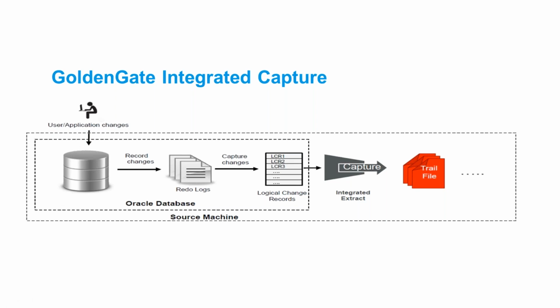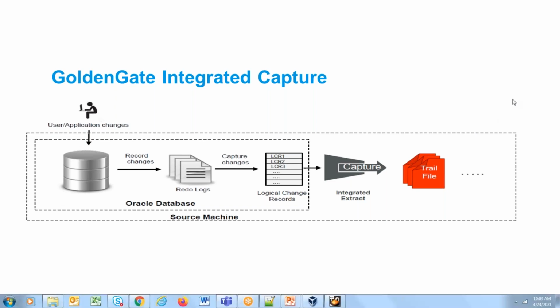The advantage of integrated capture is that performance-wise it is much better, almost 5 times better than classic capture. It supports a lot of new data types, and with RAC, when you are configuring Golden Gate on RAC as well, you don't need any extra configuration.